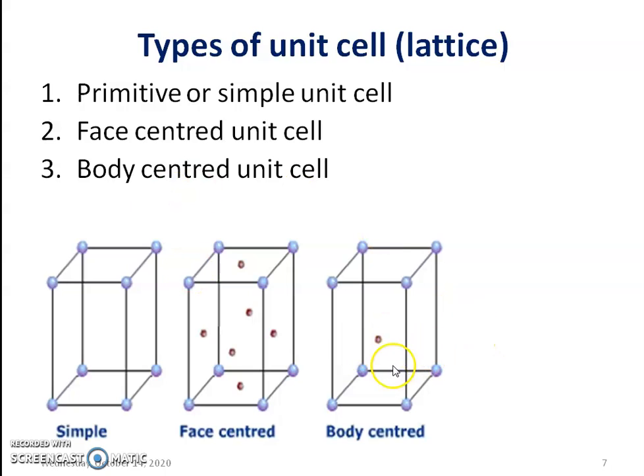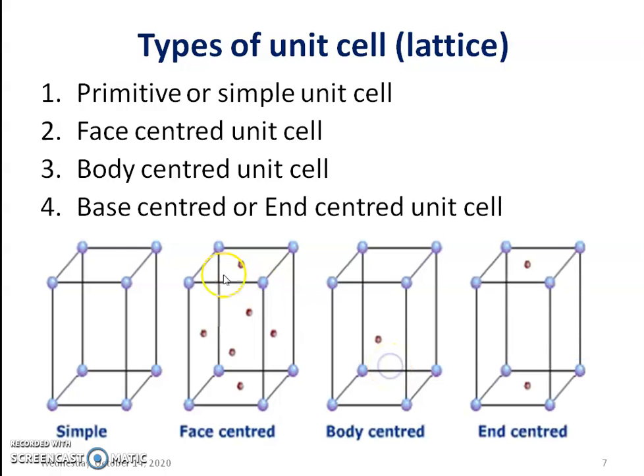And the fourth unit cell is the base centered or end centered unit cell. In an end centered unit cell, the lattice points occupy the 8 corners of the unit cell, and the lattice points also occupy the centers of 2 end faces.